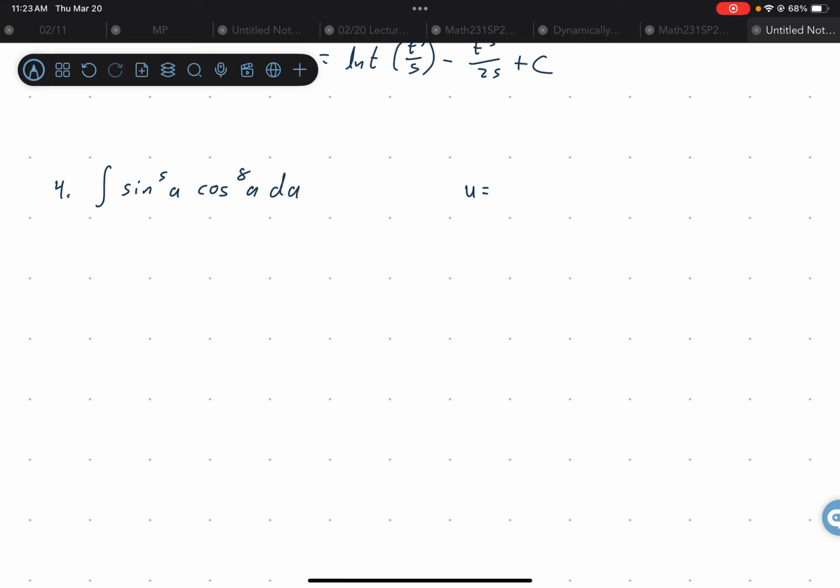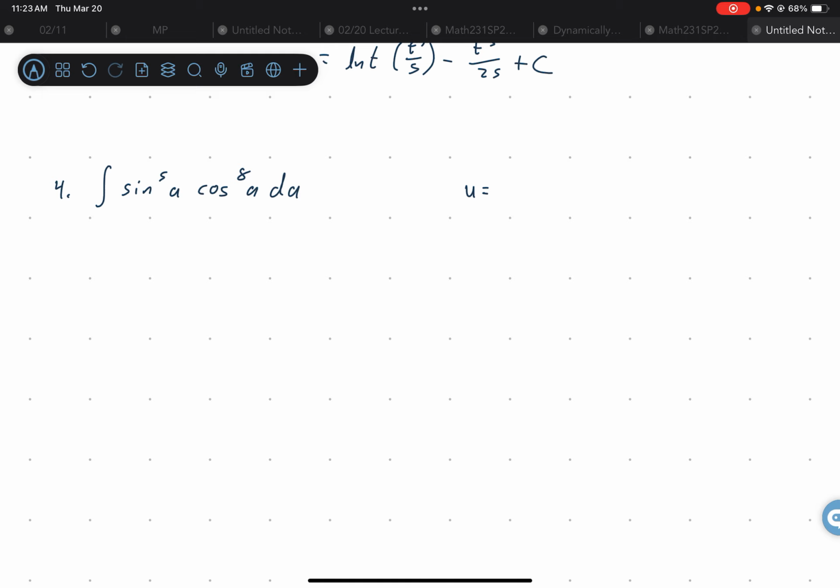I mistook this for U-substitution. You might look at this and say, okay, I have two terms, integrate by parts. But finding the antiderivative of any one of these is not going to be fun. You can, sure, but there's a much better way to do this, and that's U-sub.